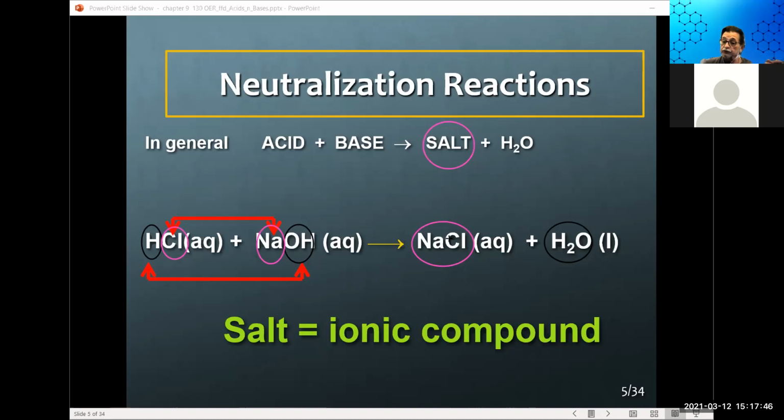But with respect to chemistry, salt is any combination of a metal and a non-metal, specifically an ionic compound. So here, because we used sodium hydroxide and hydrochloric acid, we ended up with the salt sodium chloride, but it could have been potassium hydroxide, and then we end up with potassium chloride, okay? And that's the salt or the ionic compound, which are the cation of the base and the anion of the acid.